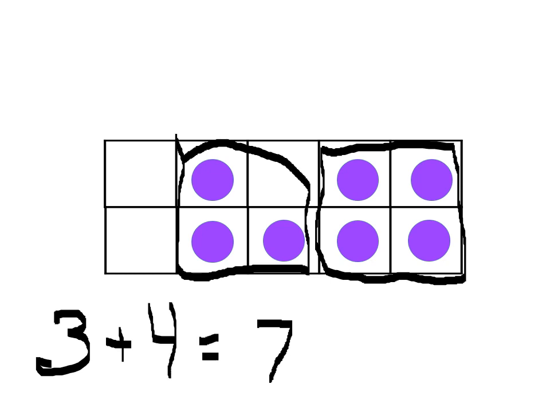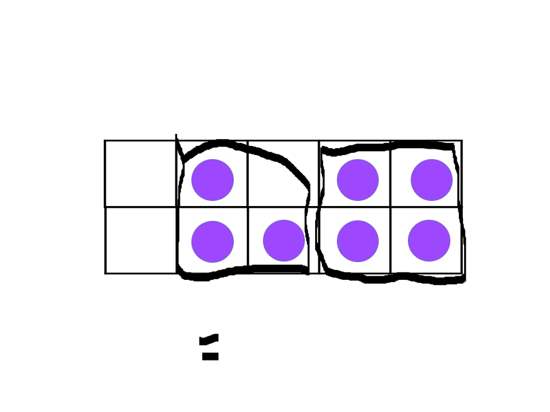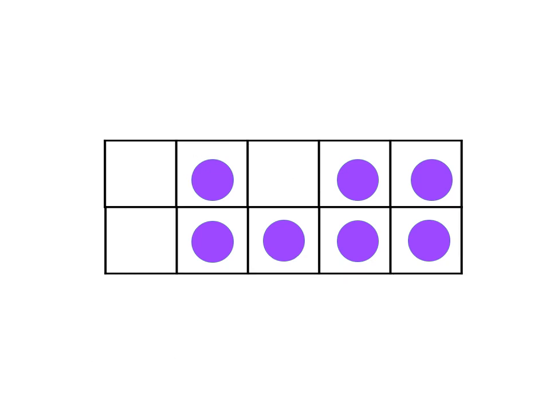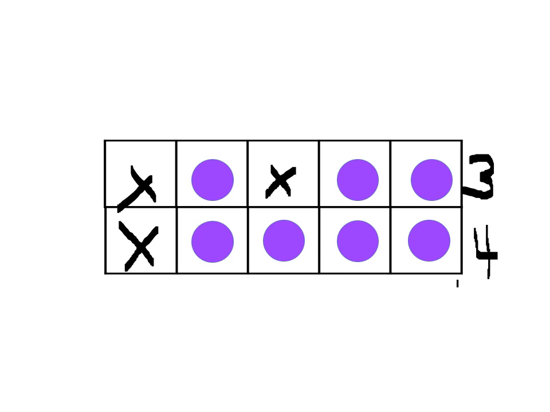Or maybe you saw them in a different way. Maybe you were going with the top row and the bottom row. So if you were using the 10 frame to recognize that there was no dot here and no dot here, and you could quickly realize there were 3 dots here, and then on the bottom there was only 1 box that wasn't filled in, so you had an almost complete row of 5. 1 less than 5 is, that's right, it's 4.